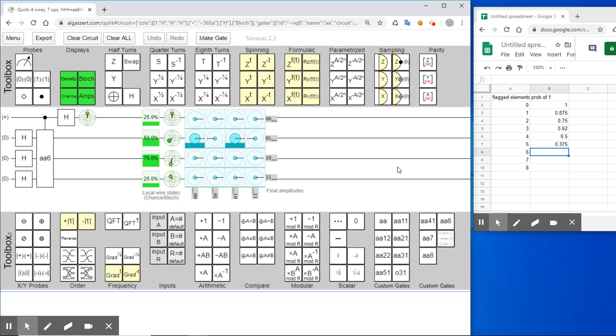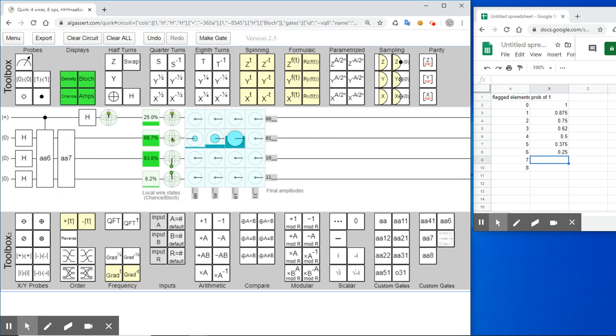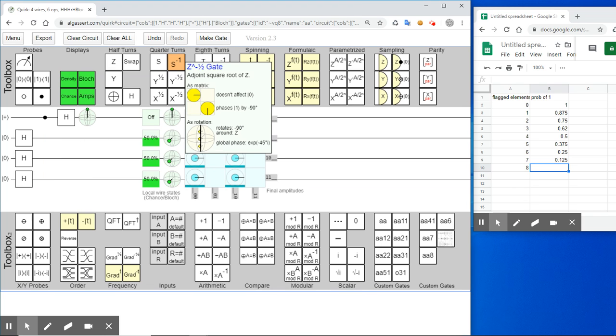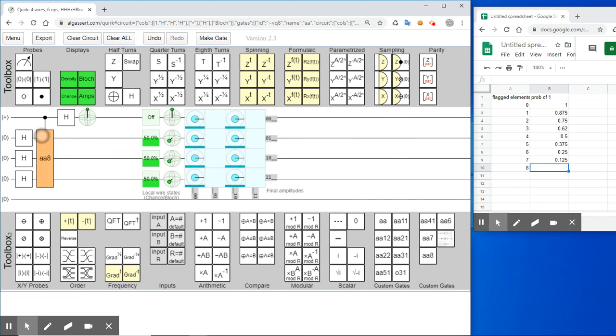So now we are at 6, which is 0.25. Interesting. So this actually works. It goes all the way down to 0. 7 is 0.125, and 8 is going to be boom, 0.